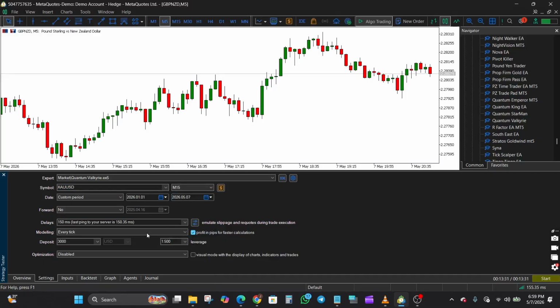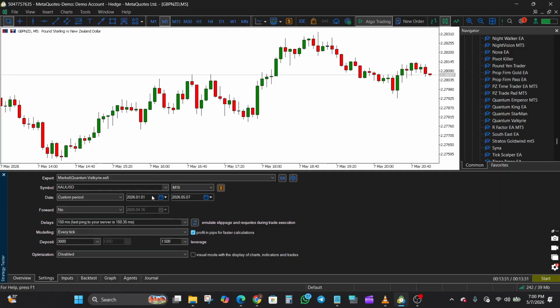We are going to be using the every tick model as a priority, since that gives a realistic simulation of price movement to an extent. And we are going to be running the backtest from the beginning of the year till date, so that we can get a reasonable amount of data for the backtest.